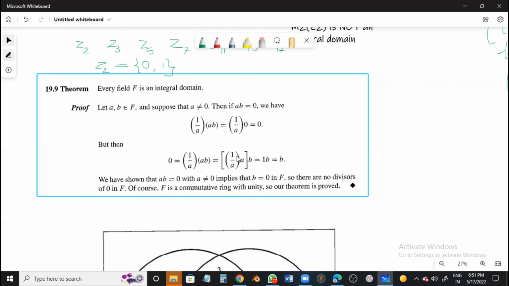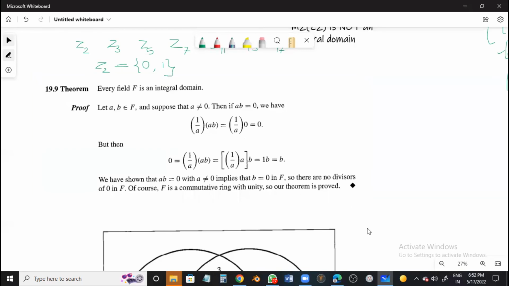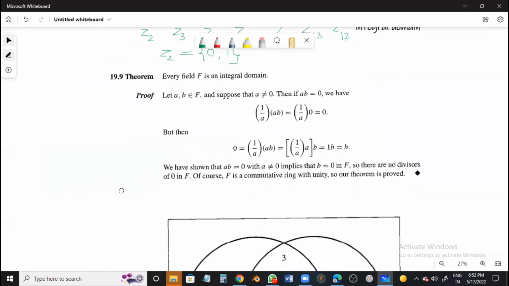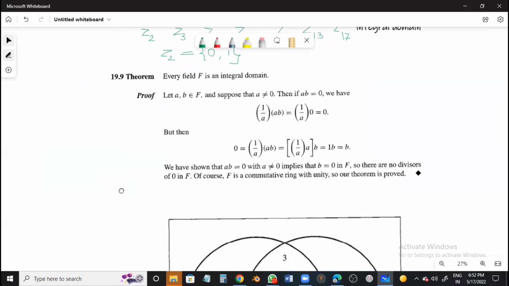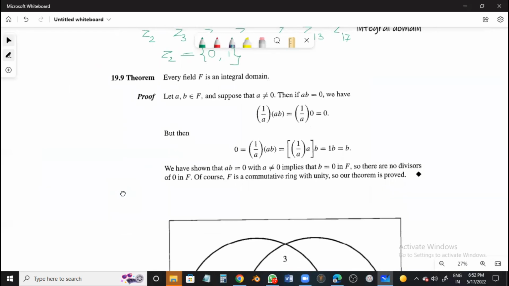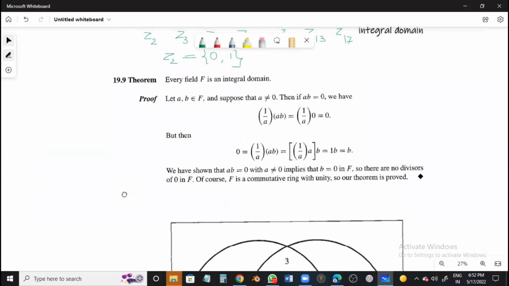So I got this to be 1 into B. Right side is 1 by A times 0, so it is 0. So what we got? B is 0. So if you have product AB at 0 and A is non-zero, surely you got B to be 0. So it has no zero divisors, and that is why it is an integral domain.